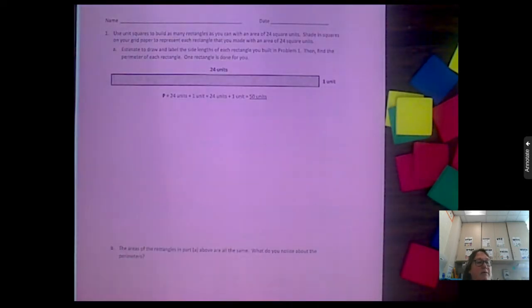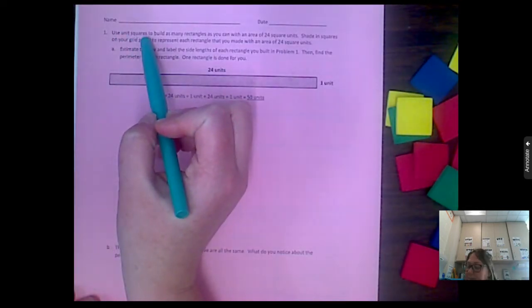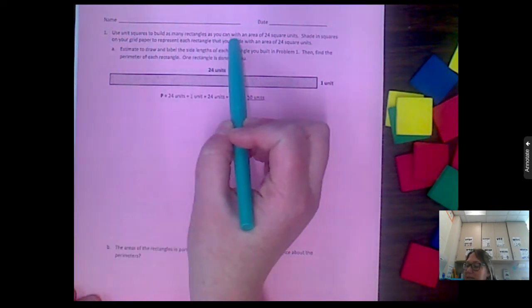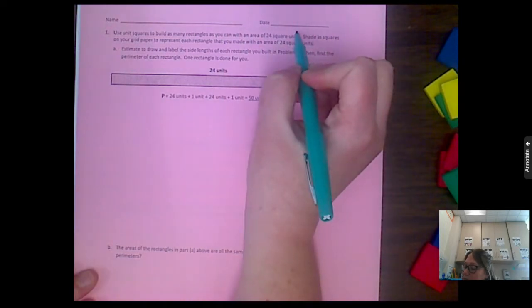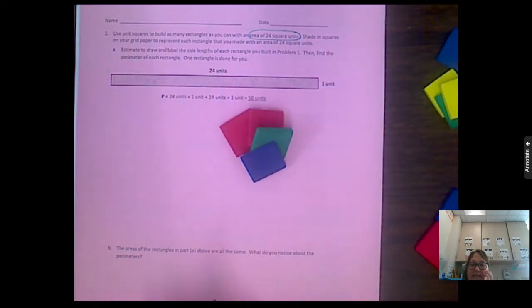Okay, I'm going to move our I can statement, and let's look at the directions. The directions say to use unit squares to build as many rectangles as you can with an area of 24 square units. So you're going to want 24 of these tiles.